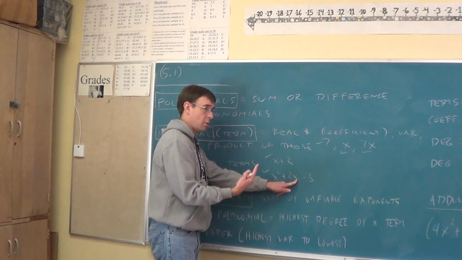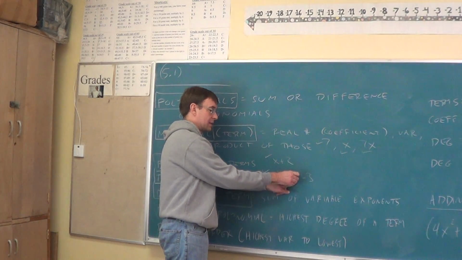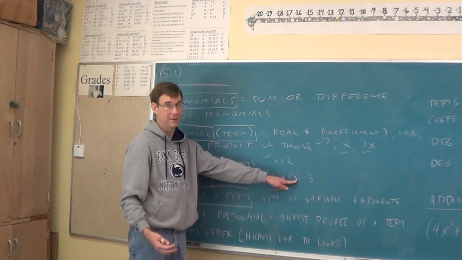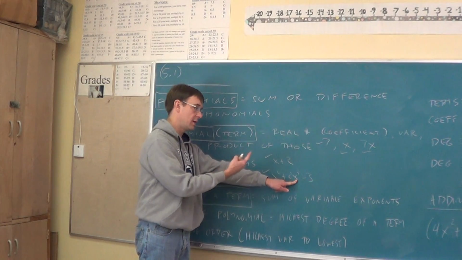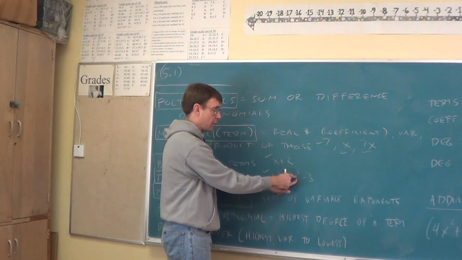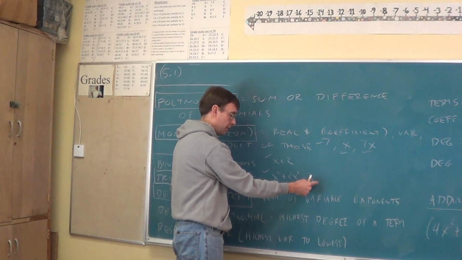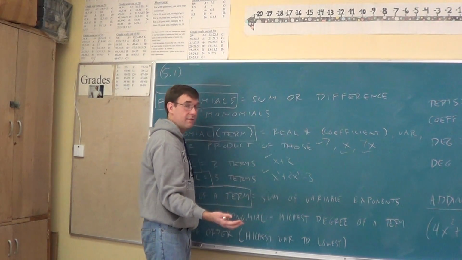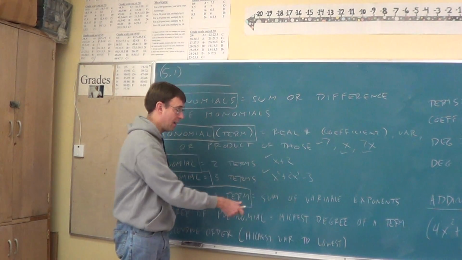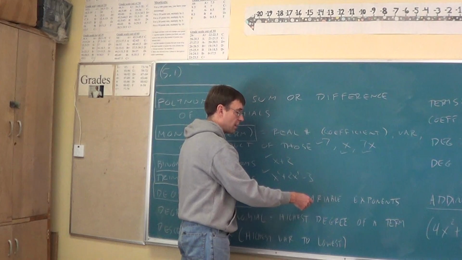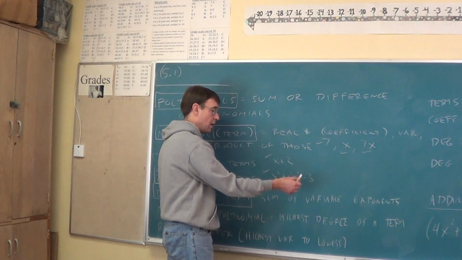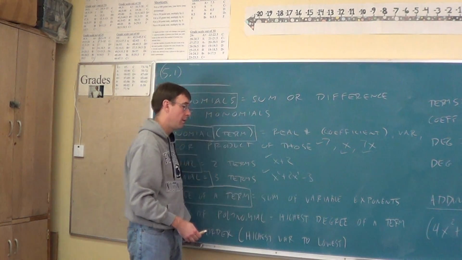The degree of this term would be a 1, because the only exponent I see is an invisible 1. It's there, it's invisible, but the degree of this would be 1, because the exponent on that variable is 1. The degree of this would be 0. There aren't even any variables, so there can't be any variable exponents. If there aren't any variables, there would be 0 degree for a number like that.